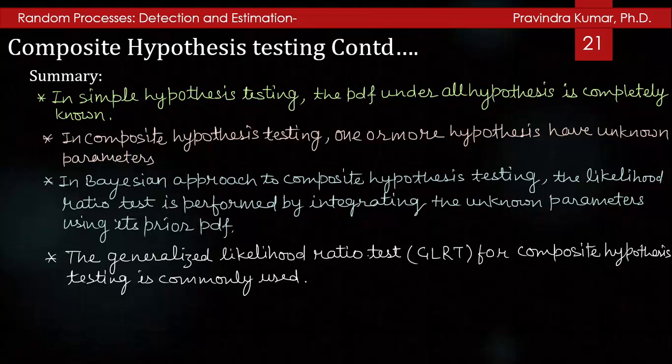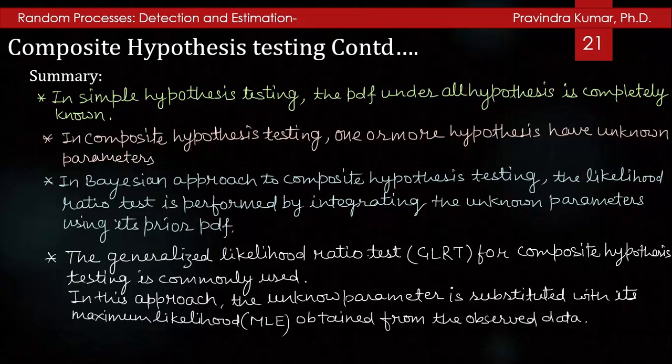In this approach, the unknown parameter is substituted with its maximum likelihood estimate obtained from the observed data to perform the likelihood ratio test. The GLRT approach is very effective in practice, though the optimality of the resulting detector is not guaranteed in all cases.